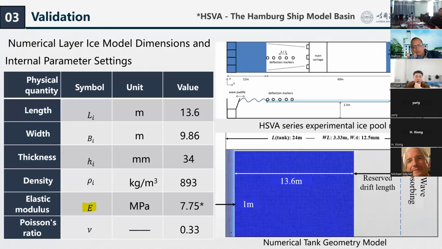Okay, this is the numerical parameters. It is worth noting that the elastic modulus value is very small, because this value is from a test, the HSVA test, the Hamburg Ship Model Basin test.